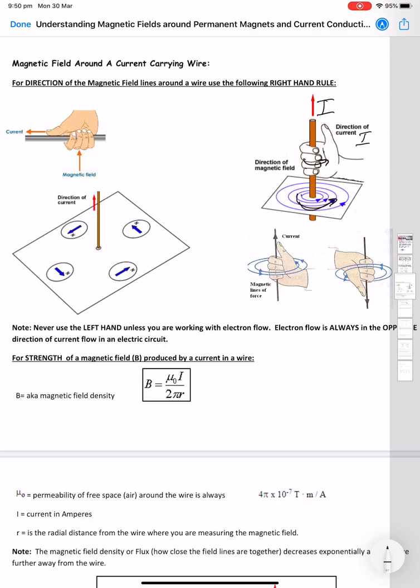Now, if for some reason, and it likely will not happen, but it's a possibility, they were to give you the direction of the electrons moving through the wire, you would actually use your left hand. Now imagine yourself, and your thumb is now going to be pointed down in the direction of the electrons, and you're still going to be gripping this wire. And what do you notice?